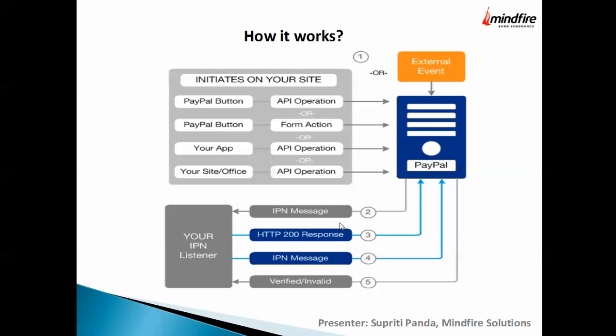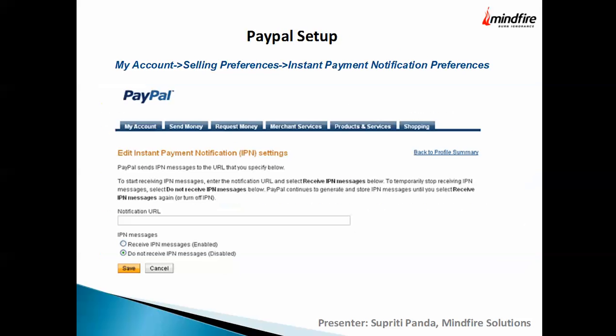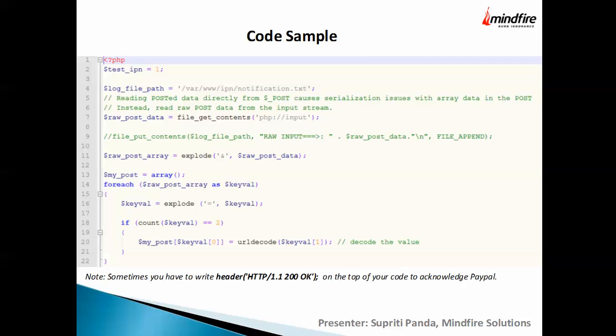But this is a backend script, and some servers don't do that explicitly, so in that case you have to set this HTTP 200 response in the beginning. In PHP you can write header HTTP/1.1 200 OK. This has to be the first line, even before test IPN, okay? So this is how you can explicitly set it if your IPN script doesn't work.